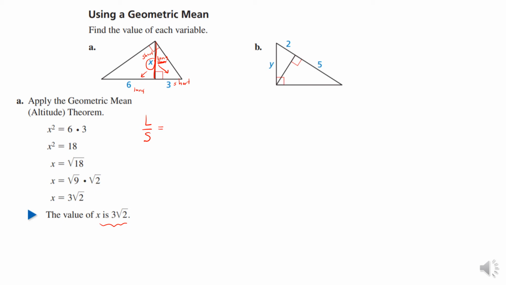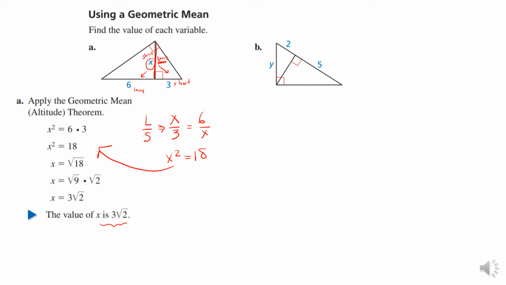And so I'm going to do the first triangle where x is the long leg, over 3 is the short leg. And then I would do x is the short leg down here, and 6 is the long leg. So I get x squared equals 18, and you can see I end up in the same place. Okay, so I just find this easier to set up, so you can choose which way you do it.